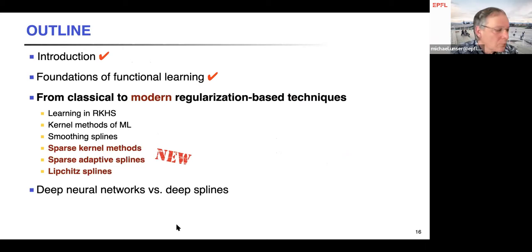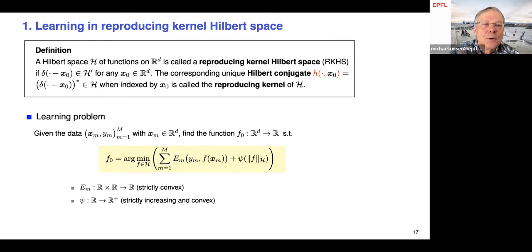Okay, so now let's crank out a few results, and I will show you how this takes us from classical to modern regularization-based techniques. So first of all, let's do classical learning. Here we have to select the Hilbert space, and we select a reproducing kernel Hilbert space.